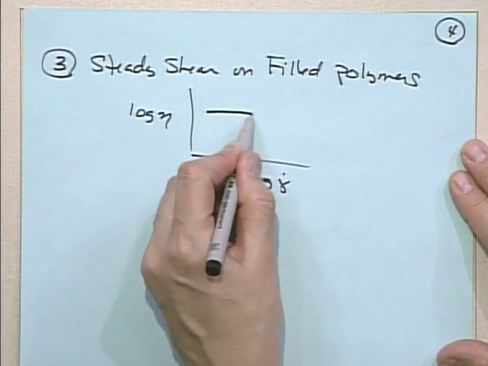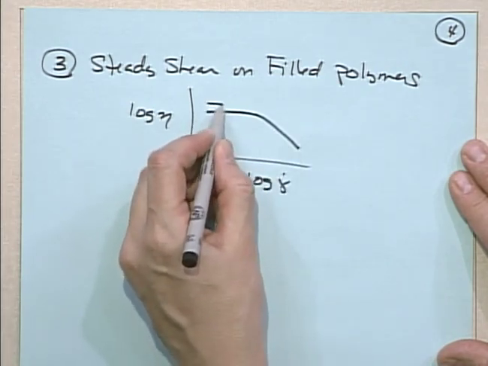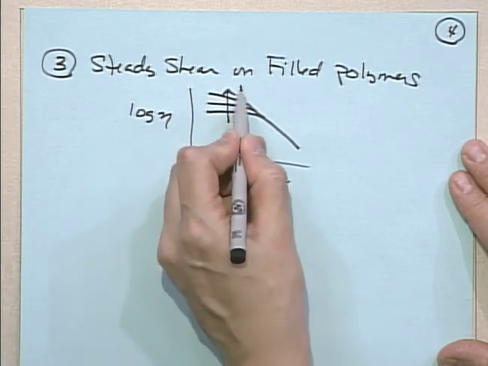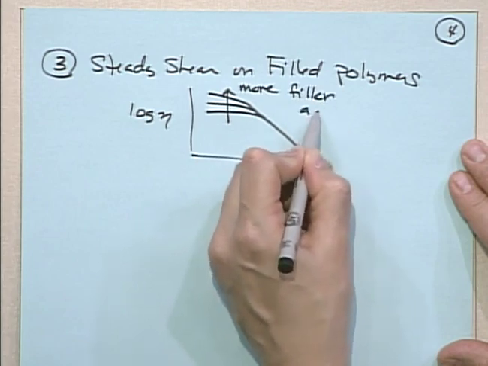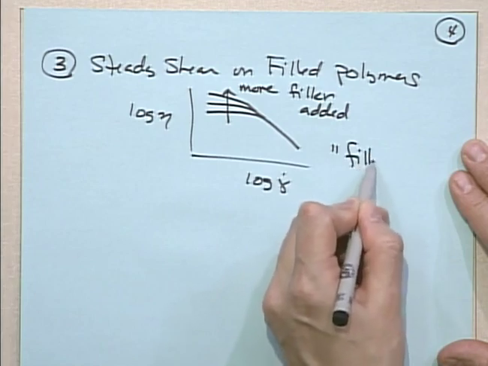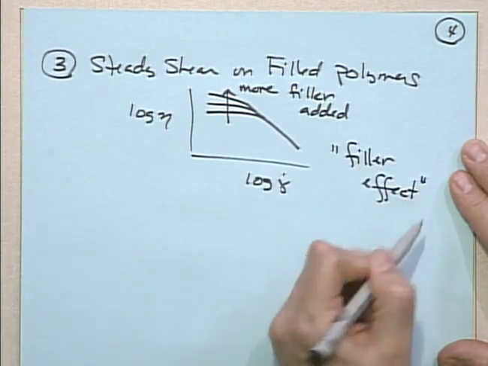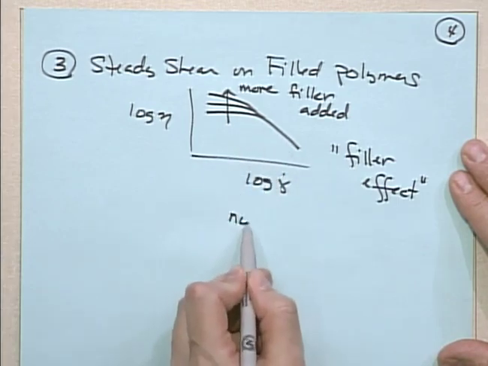If you start off with a material that looks like a regular shear thinning polymer, as you add filler, it will tend to do this. More filler added. And this is called the filler effect. And what's important is there's no filler effect at high shear rate.